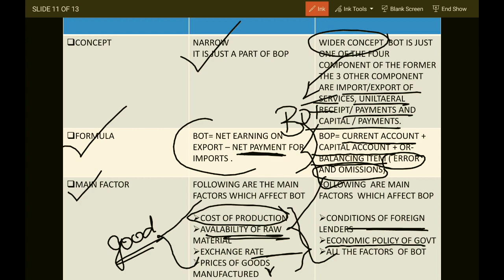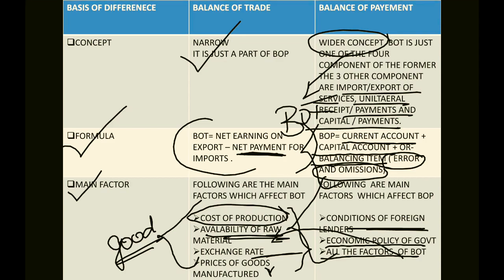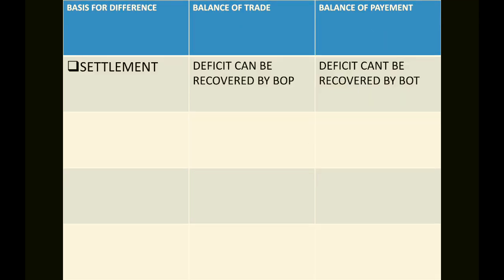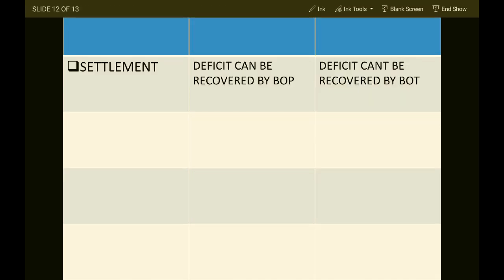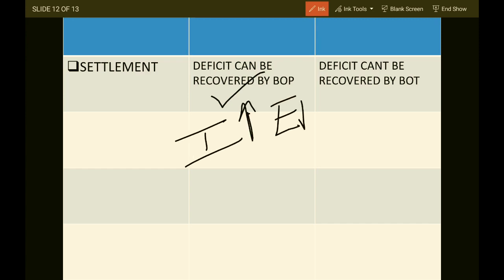All the factors of balance of trade are also included in balance of payment, because balance of trade is a part of balance of payment. Now settlement, what is the settlement? Deficit can be recovered by balance of payment, very important. If it's going on deficit, if import is high and export is less, it can be handled by balance of payment.